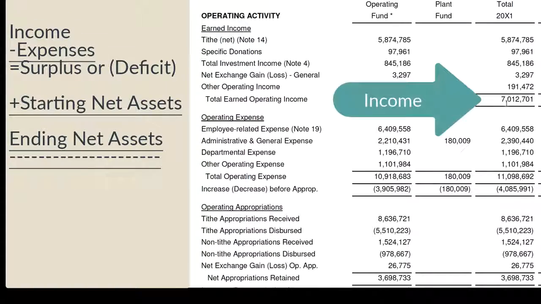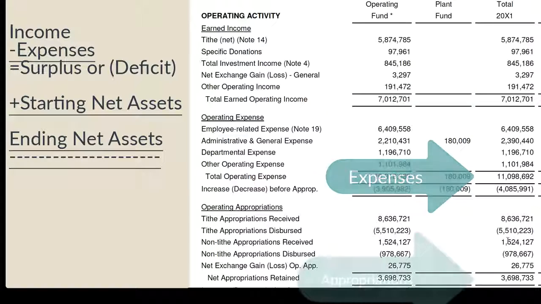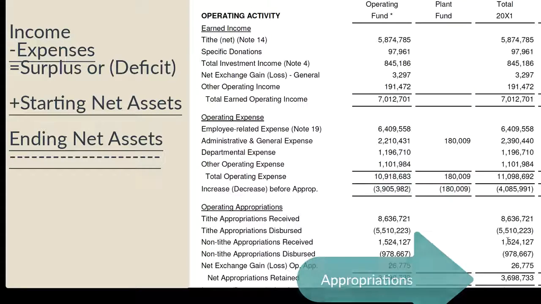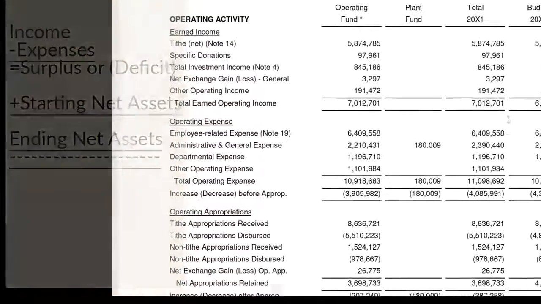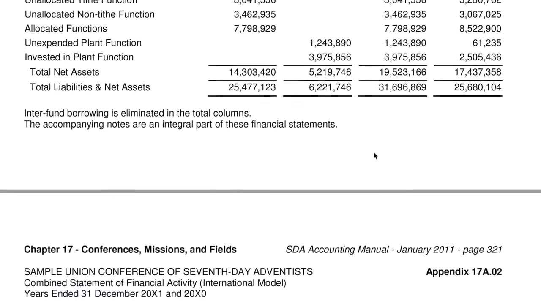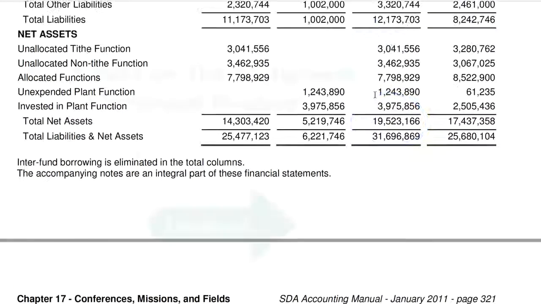We brought in money during the year. We had income of 7 million and we spent 11, and we gave appropriations, and we take that 17 we started with, add our surplus, and we get what we ended the year with, 19 million. We come right back up here and we can see the 19 million right here, how we've ended the year.